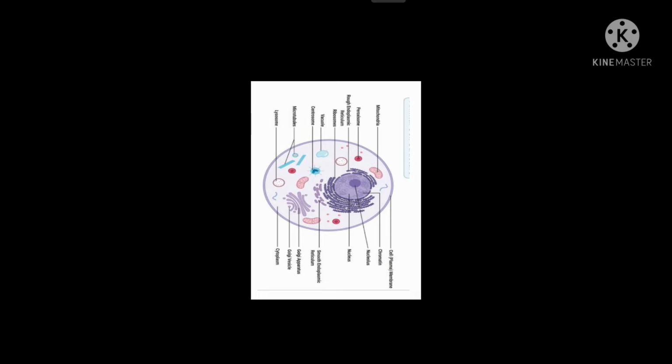What is the diameter? The diameter is about 0.5 to 1 micrometer. Size may vary. It is present in nerve cells or neurons and liver cells, hepatocytes, and lies next to the endoplasmic reticulum.